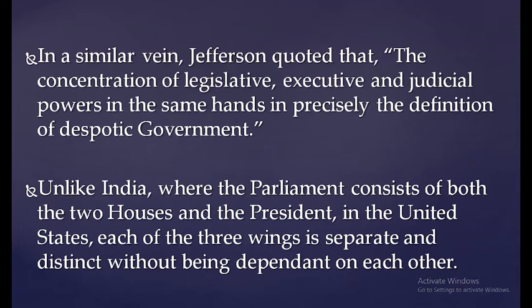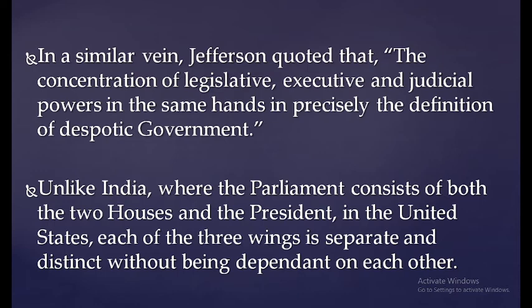Unlike India, where the parliament consists of both the two houses and the president, in the United States each of the three wings is separate and distinct without being dependent on each other. Let me repeat again. In the context of India, the legislative branch of the government, that is, the parliament, is composed of both the president and the two houses of the parliament, that is, the Lok Sabha and Rajya Sabha.